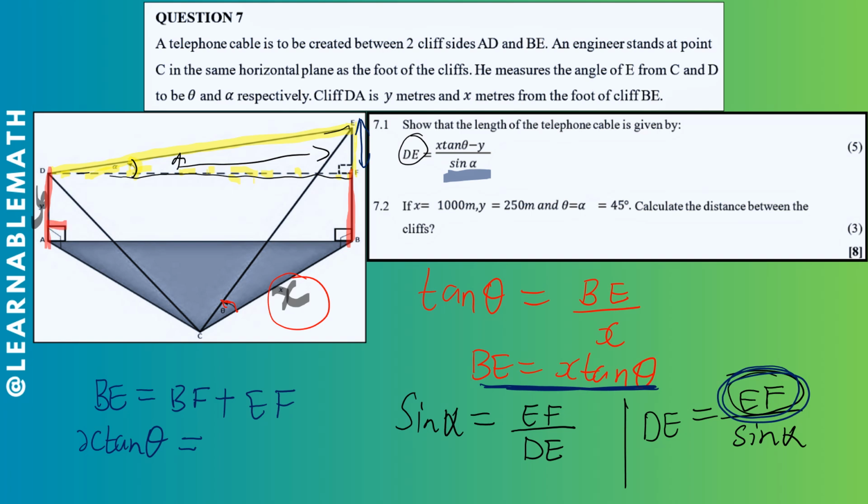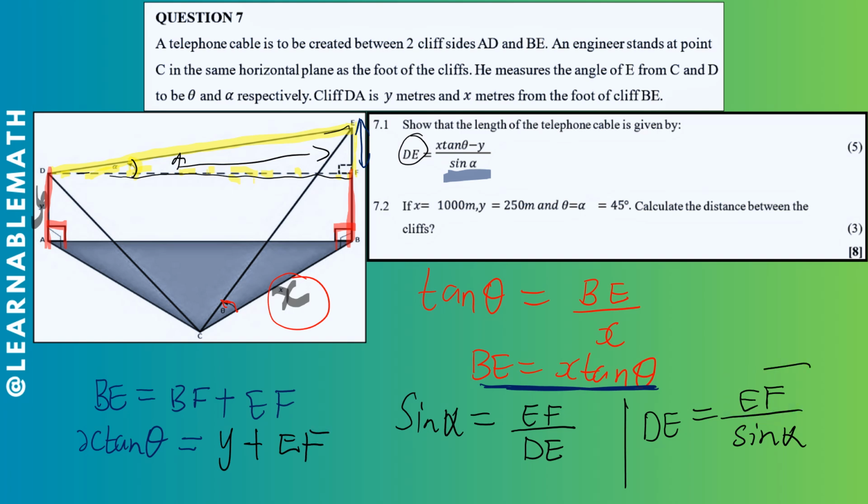Because it's 90 degrees, 90 degrees. So y is actually the same as BF there. They are the same in length. Can you see? Those heights are the same. So where there is BF, we can replace it by y, because they are the same there. Plus what? Plus EF, right?